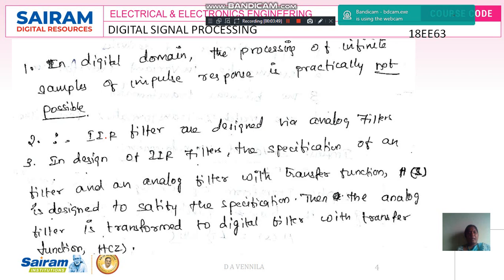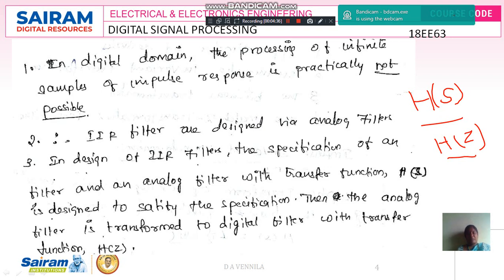While designing the IIR filter, the specification of the analog filter transfer function will be given as H of S. Using this specification, we are going to convert it to the transfer function of the digital filter, H of Z. From the given specification, we convert H of S into H of Z by using different techniques: impulse invariant technique, bilinear transformation technique, matched filter technique.